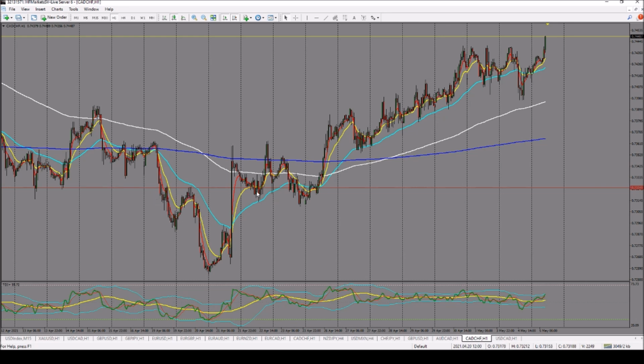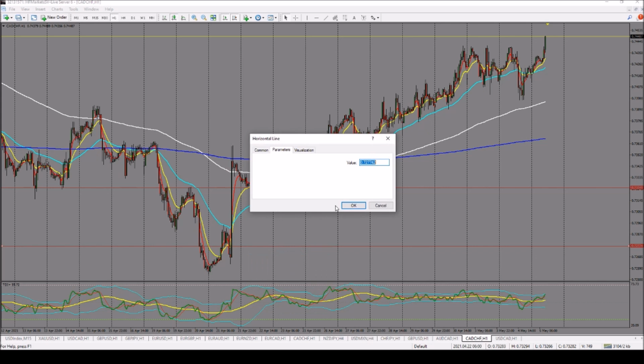So we are going to subtract the 67 pips for a drop from this price, which is 0.7324. So subtracting 67 pips from this price will give us 0.7357. Let me mark it out. It's 0.7357, right?